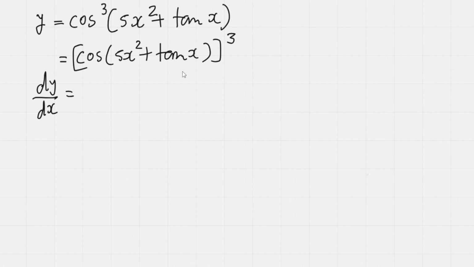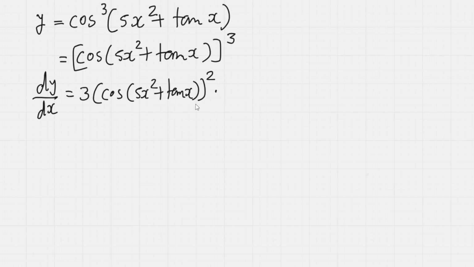And if we talk particularly about this cosine function, then cosine is the outer function and 5x² + tan x is the inner function. So first let us find the derivative of this exponent. So it would be 3 (cos(5x² + tan x)) raised to 3 minus 1, which is 2.